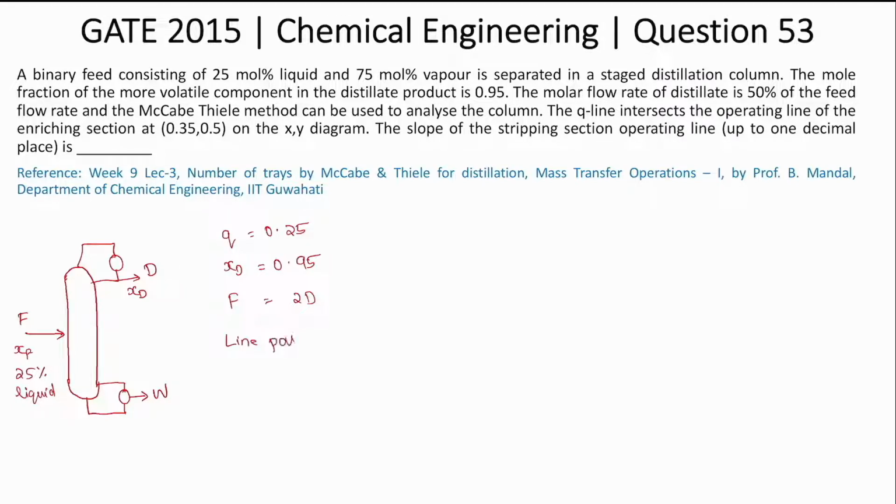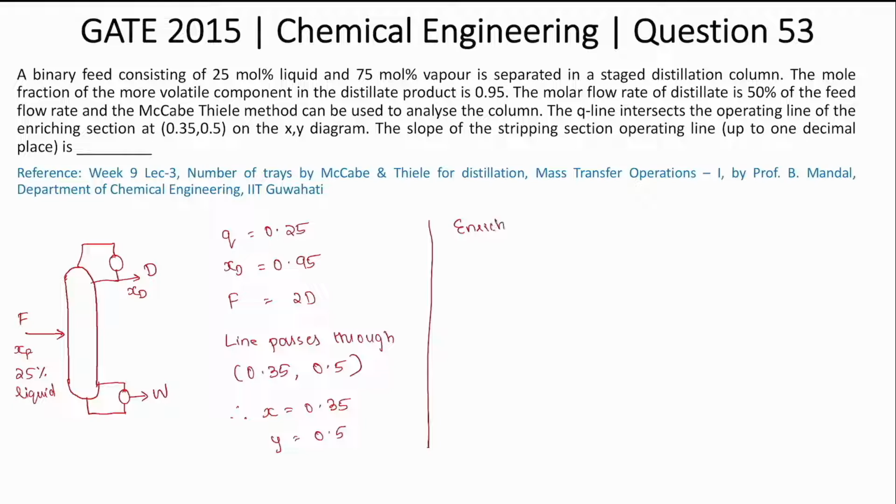They have also said that the Q line intersects the operating line of the enriching section at 0.35 and 0.5. So that means we can write X is equal to 0.35 and Y is equal to 0.5.